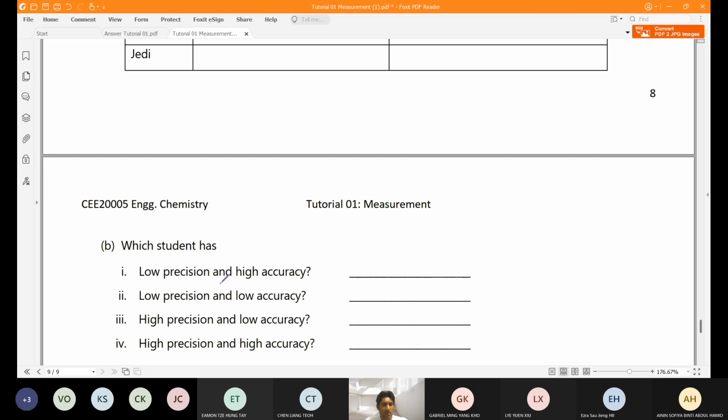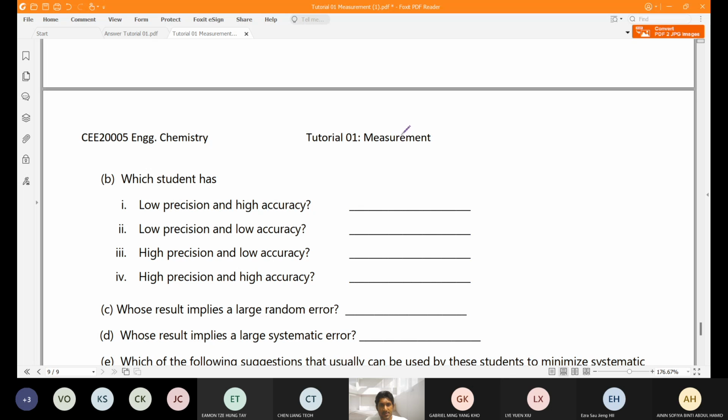Which student has lower precision and high accuracy? If we do all those calculations, we will see that each of them has different accuracy and different precision. Some will have a high precision, some will have lower precision, and some will have higher accuracy, some lower accuracy. So these two can be combined in 4 different ways.